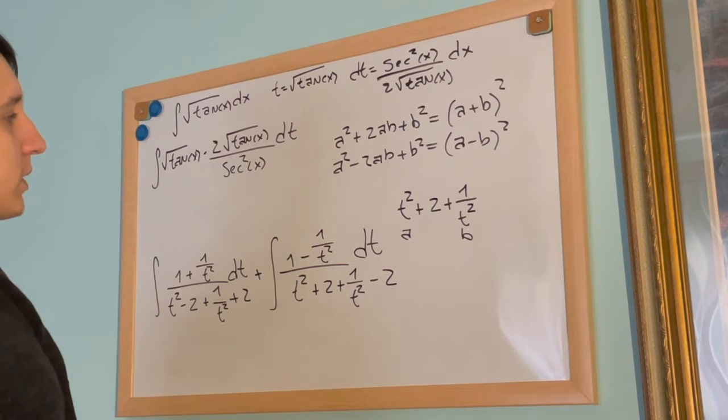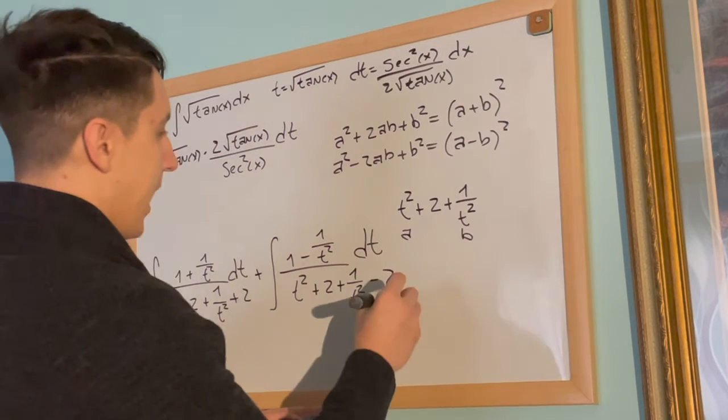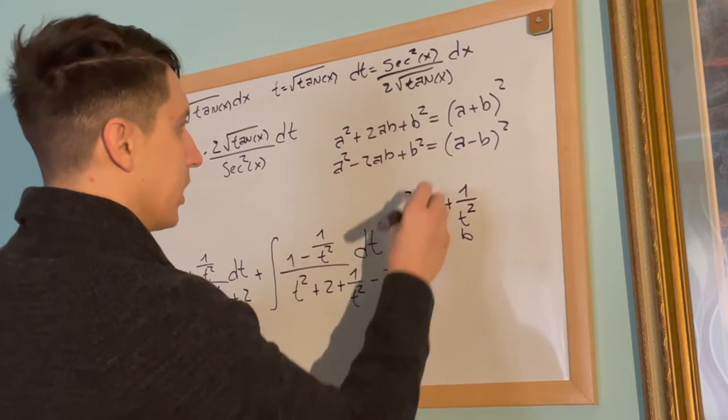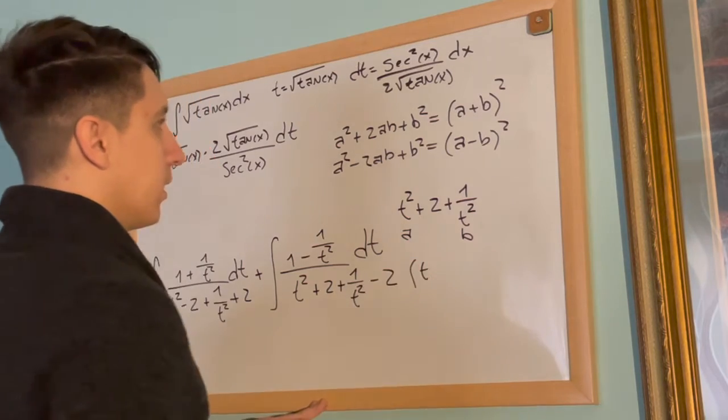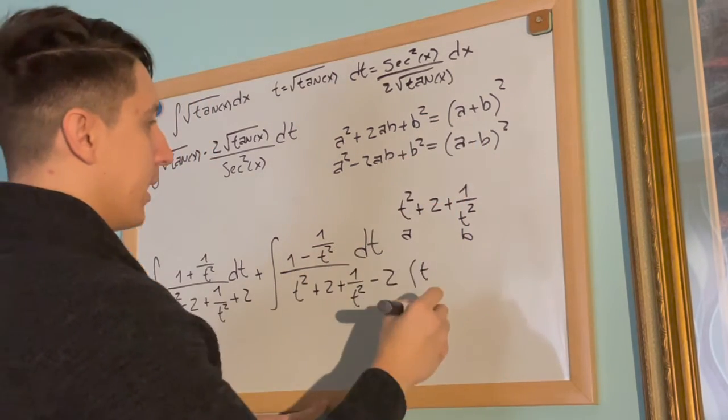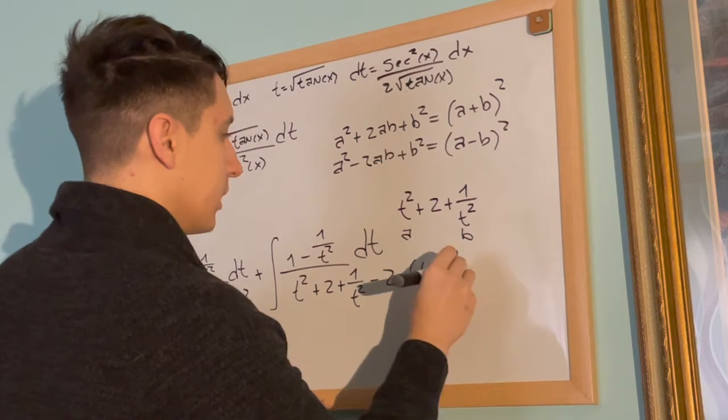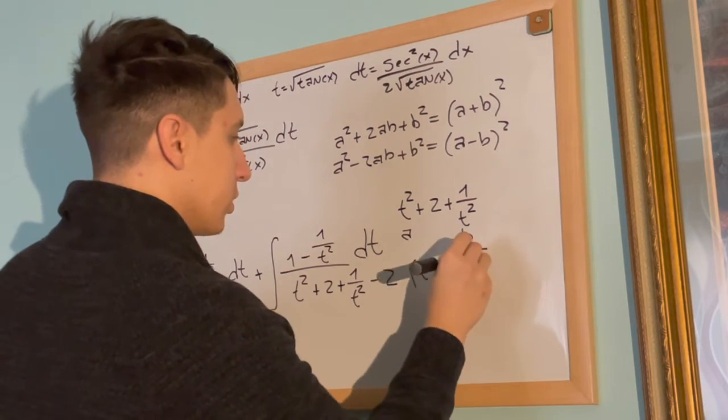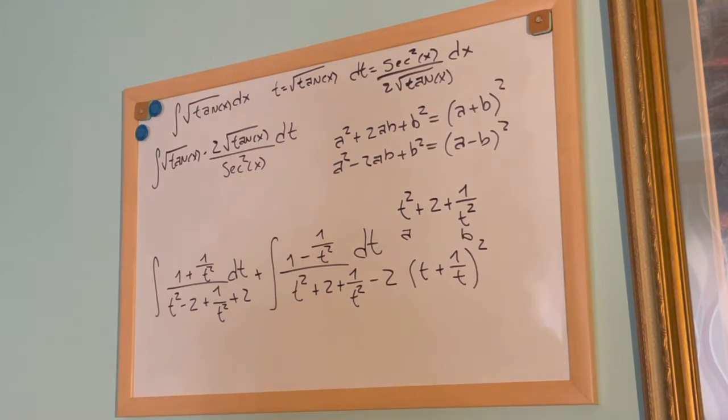And how does that make sense? Well, if I had just a, which is going to be our t, and we had our b right here, which is going to be just 1 over t squared, it makes sense.